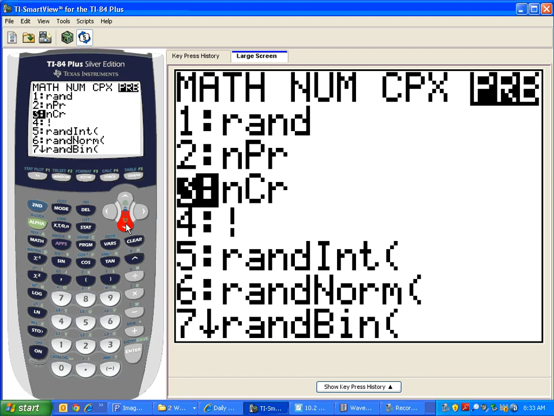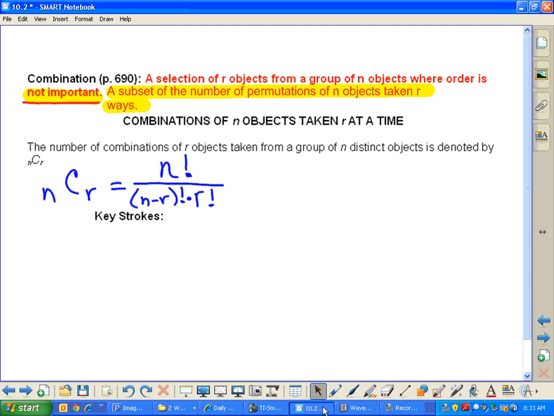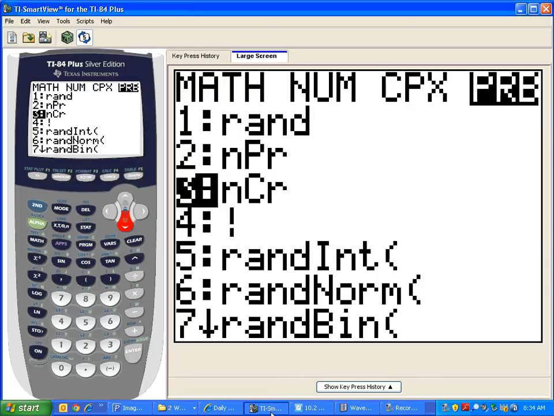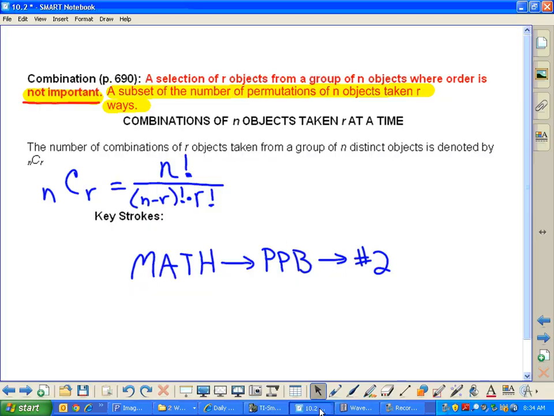So we're going to be using those keystrokes quite a bit as we move through this particular lesson. So we have math. You're going to arrow over to PRB, and you're going to choose option 3. 2 is permutation.